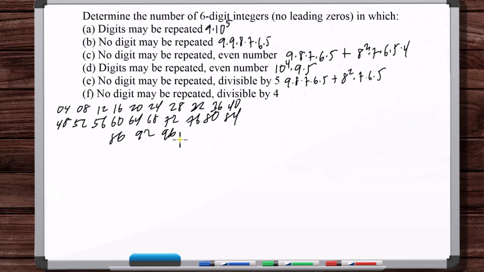Okay. Now we can separate these into categories where some of these contain a 0 and some don't.